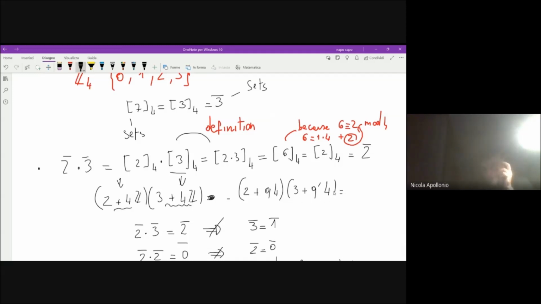Let us expand: 6 plus 8q' plus 12q plus 16qq'.